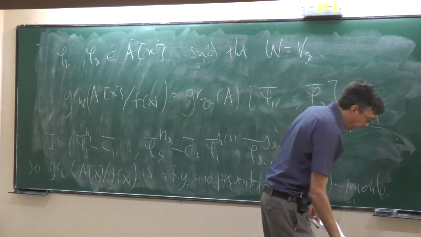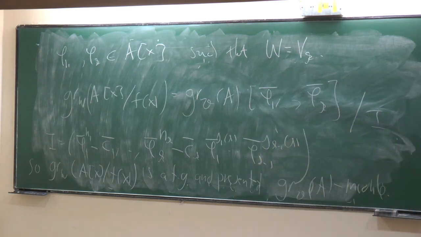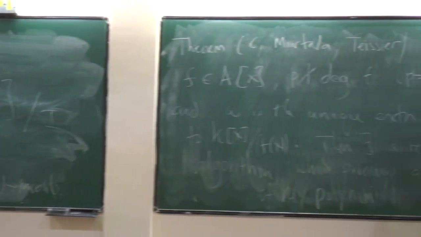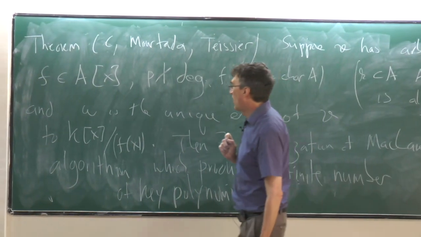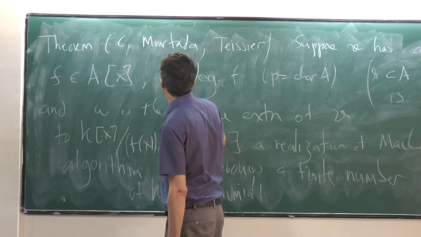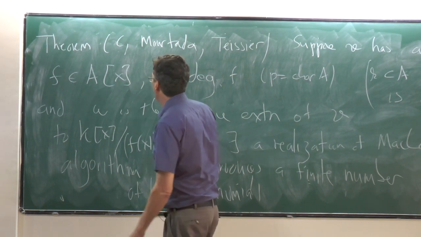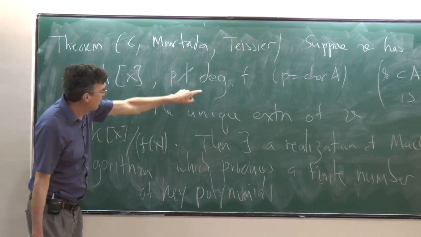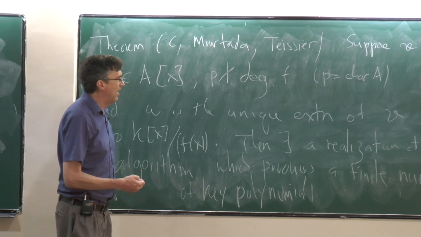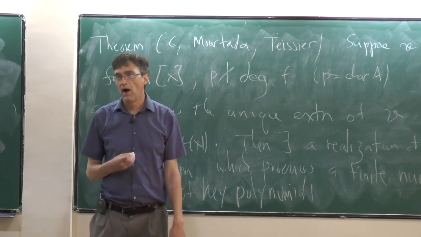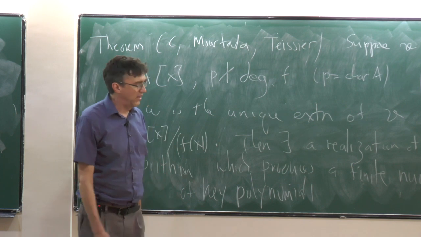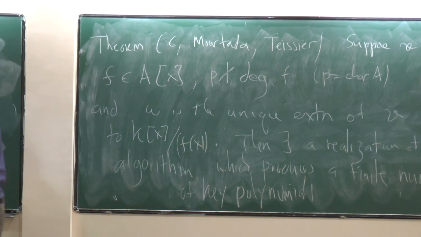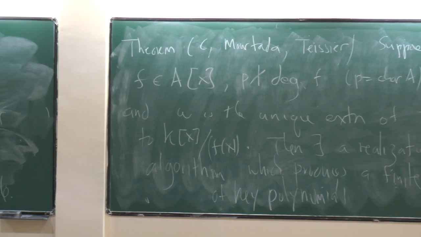Okay, so just say a few words about how this ties in with defect. Did I say it was a unique extension? Yes. So remember in the beginning of the talk I gave Ostrowski's lemma, telling you that in this case, since it's a unique extension, the degree of the field extension, namely the degree of f, is going to be equal to e f times the defect, which is a power of p. Well, this tells us that p does not divide the degree of the field extension, so you cannot have any defect.